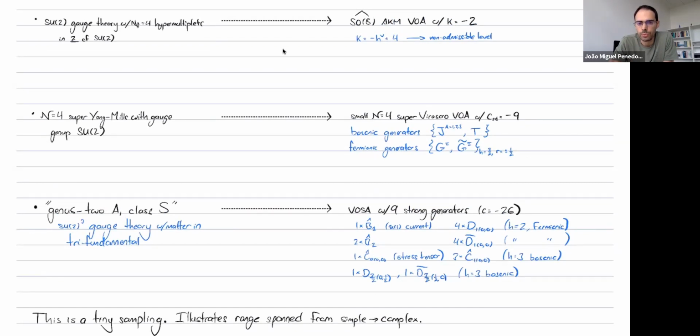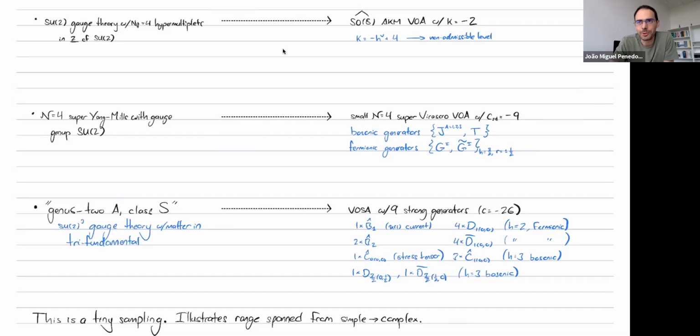It should be similar to super Yang-Mills at large central charge, large n. Would you know what would be the VOA in this case? What would be the VOA in the hypothetical case that might not exist?